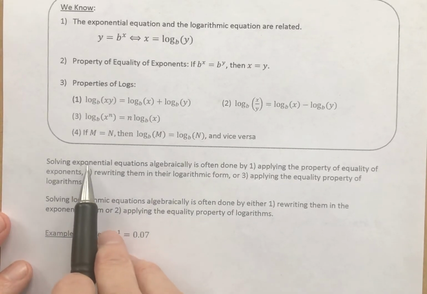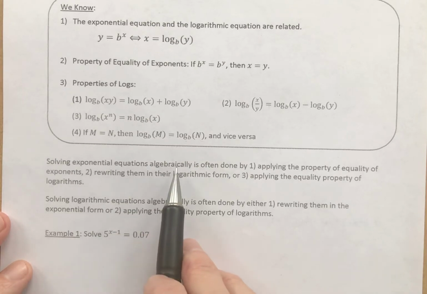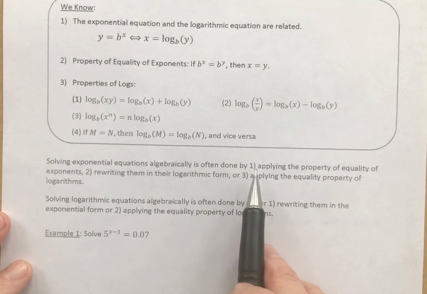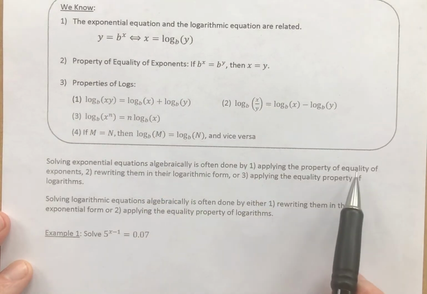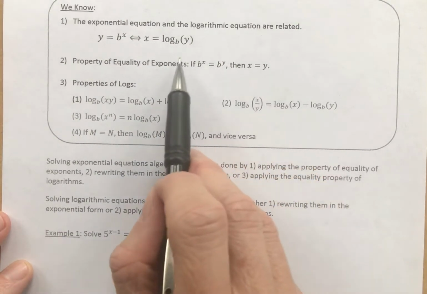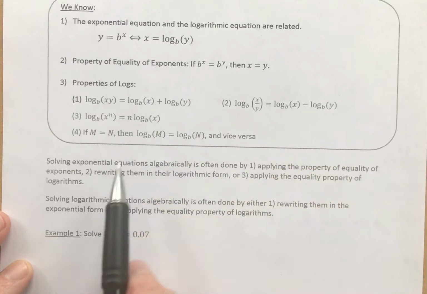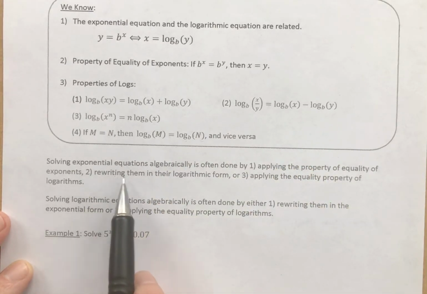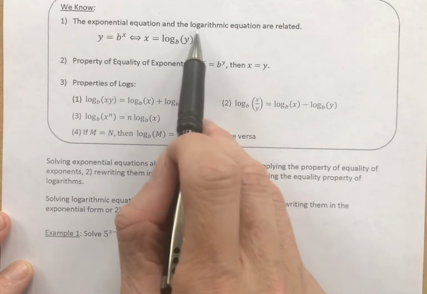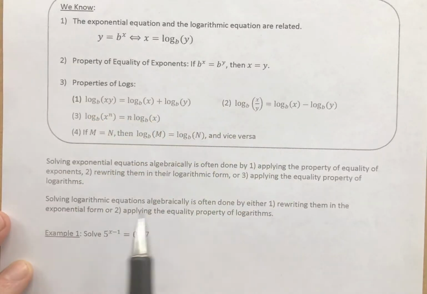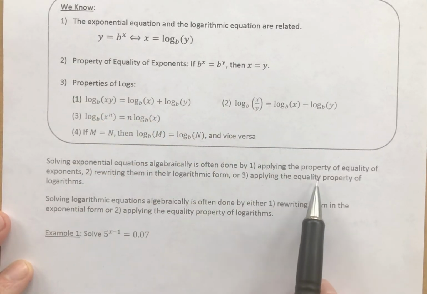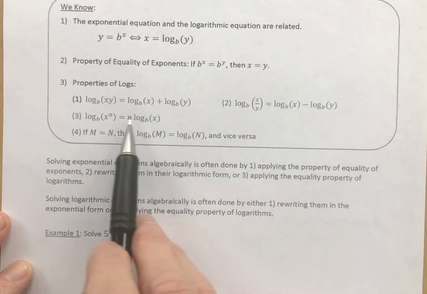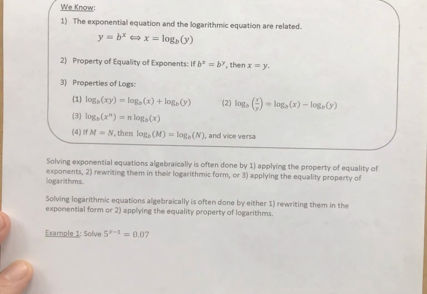When you're looking at exponential equations, solving them algebraically is often done by 1, applying the property of equality of exponents, which is right here, 2, rewriting them in their logarithmic form, which is here, and we've done that, or 3, applying the equality property of logarithms, which is right here.